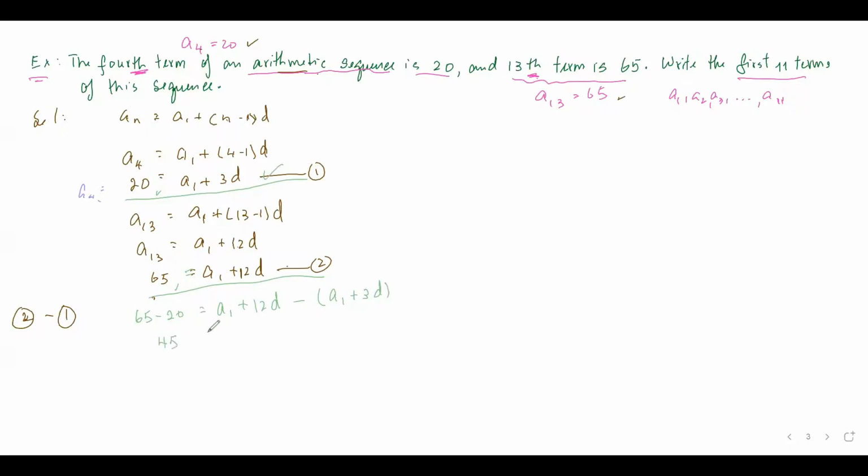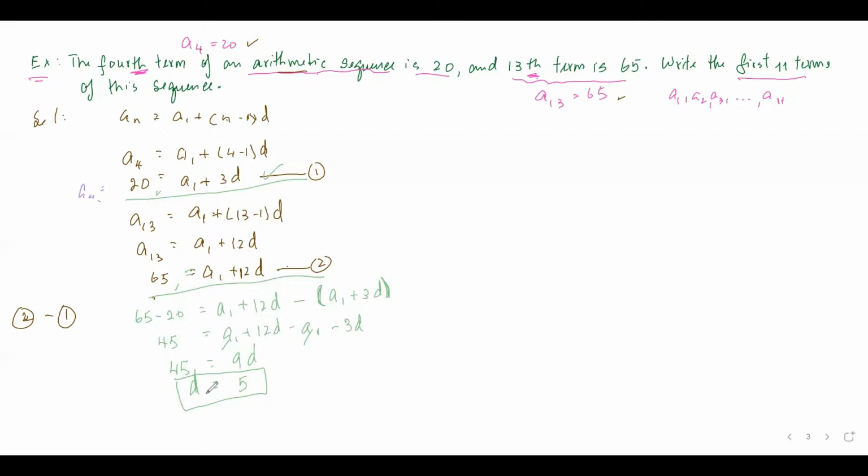The left-hand side becomes 45, and A1 plus 12D minus A1 minus 3D. A1 cancels, so 12D minus 3D leaves 9D. So 45 equals 9D, and 1D equals 5. We got D equal to 5.